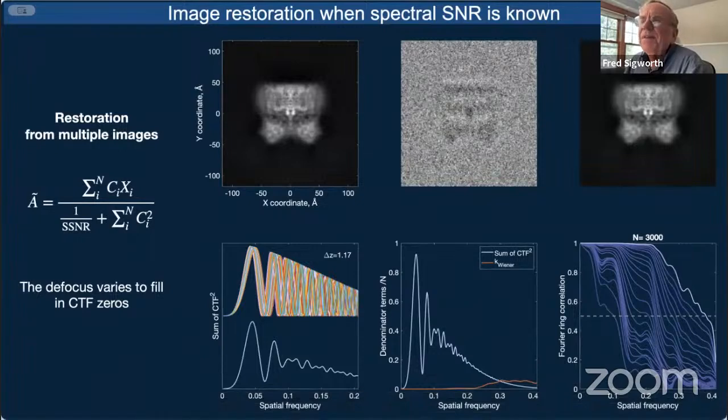Okay, is that cool? So this is restoring an original signal from a very noisy CTF modified set of images.